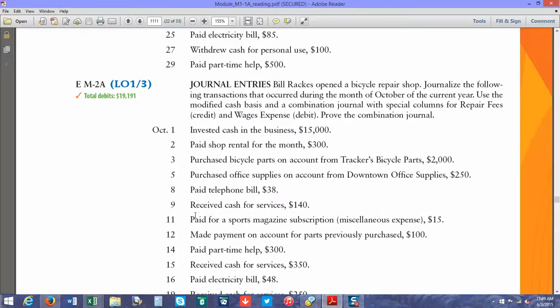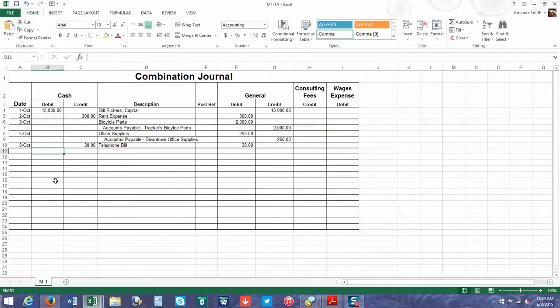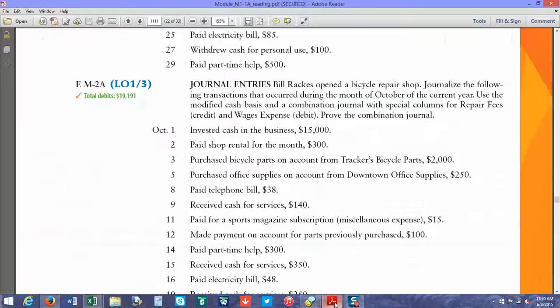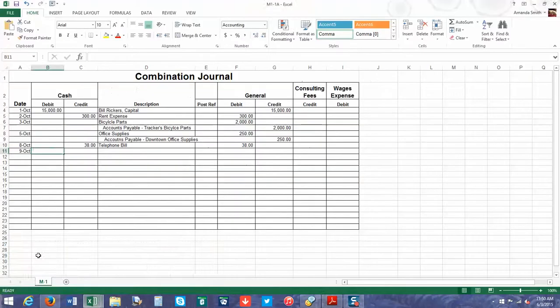The next transaction, we received cash for services. So on October 9th, we increased our cash by 140. And then consulting fees, we're going to credit 140.